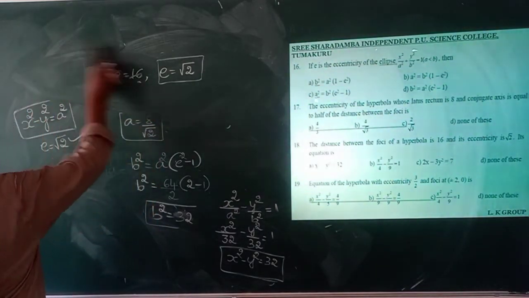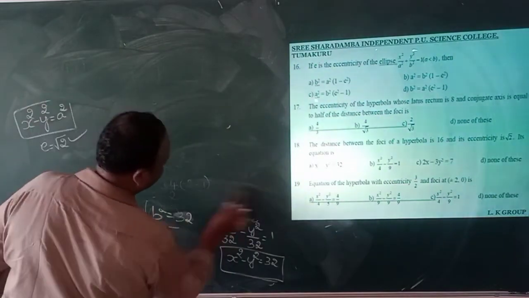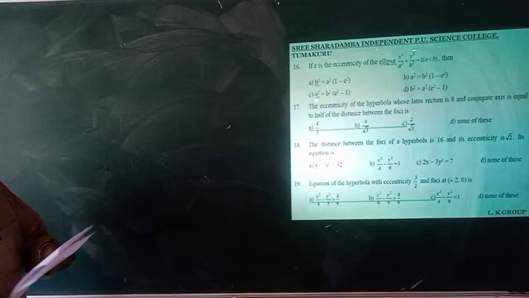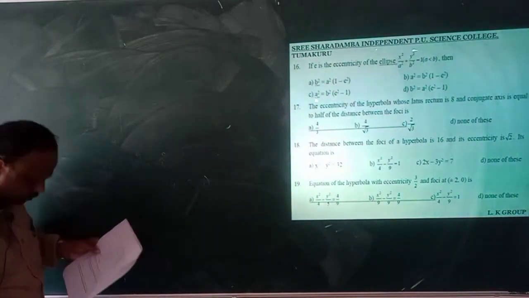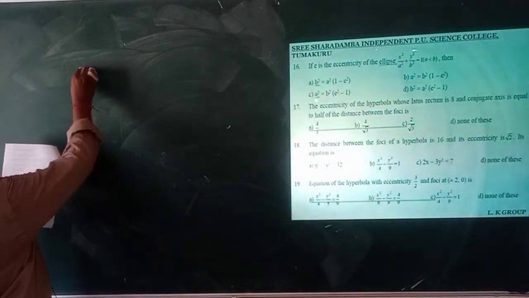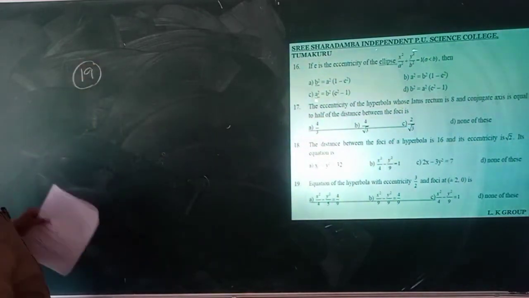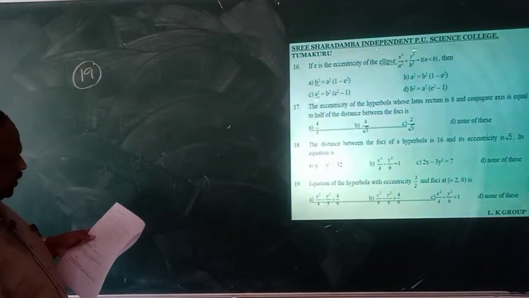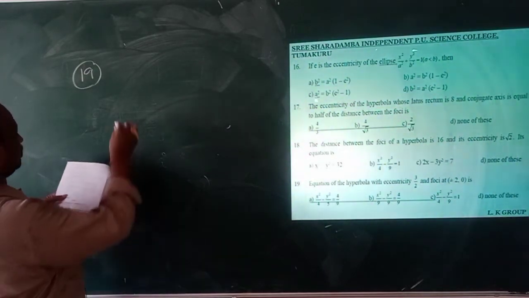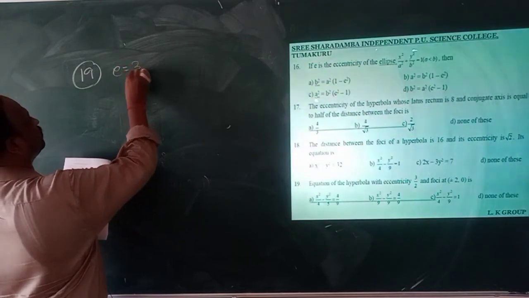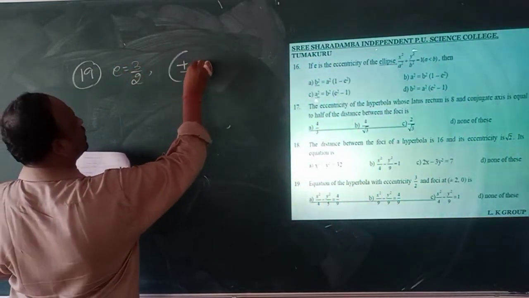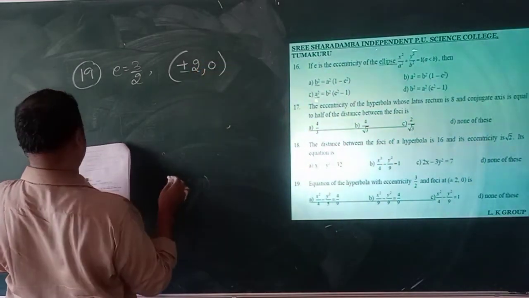The last one, 19. Read the question 19. Equation of hyperbola with eccentricity 3 by 2 and foci plus or minus 2, 0.